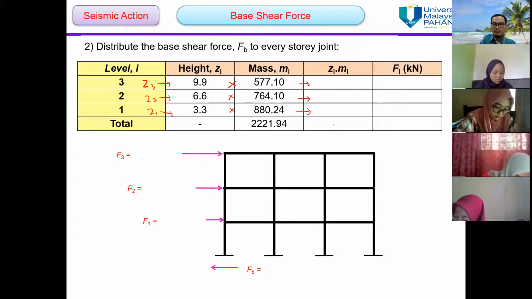And then you sum up all the products of Zi times Mi. I give you 2 minutes to calculate.